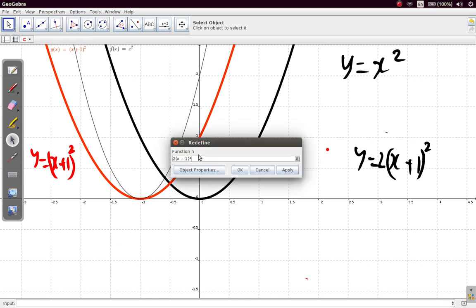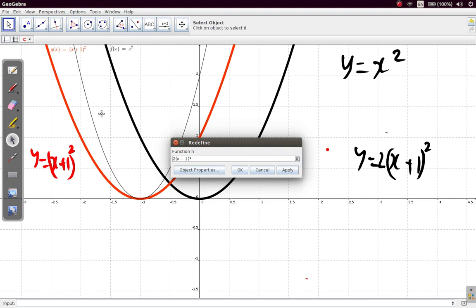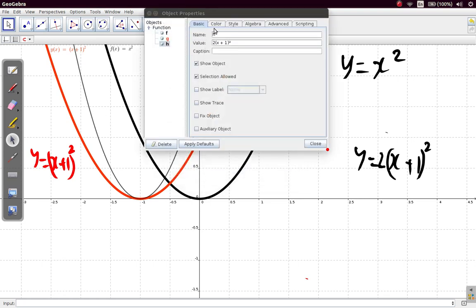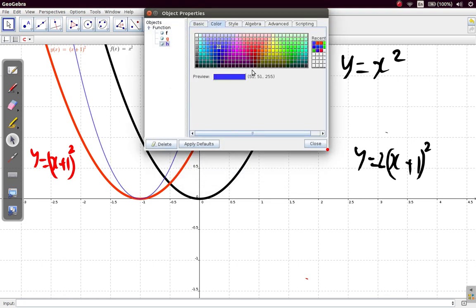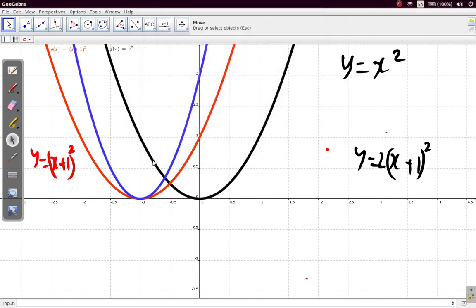So that's 2 times x plus 1 squared. And notice that the lines are steeper. The curve, I should say, is steeper. Let's make it blue and make it thicker. Interesting.